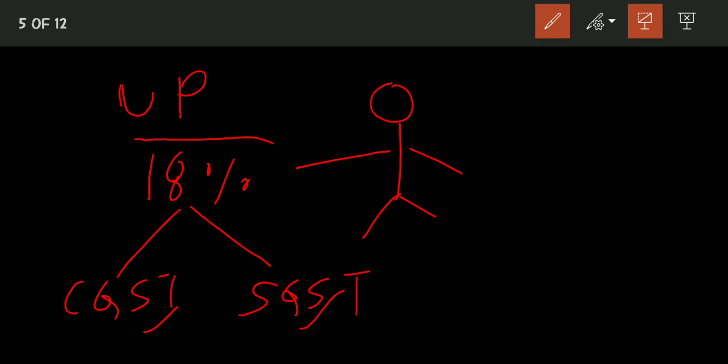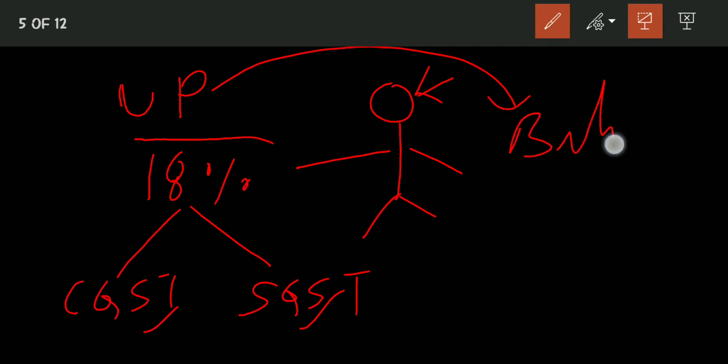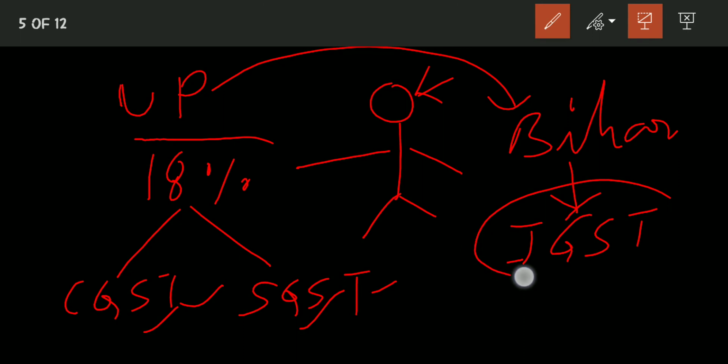But if the same person sells goods outside UP, suppose from UP to Bihar, then CGST and SGST is treated as IGST, that is integrated GST, at 18%, and it will be divided in the government treasury.